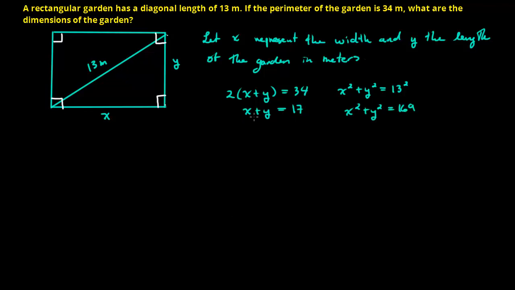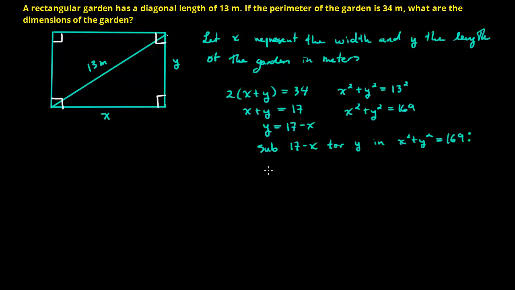If I rewrite the first equation, I can write y in terms of x, so I get that y is equal to 17 minus x. And I can substitute 17 minus x for y in x squared plus y squared is equal to 169.